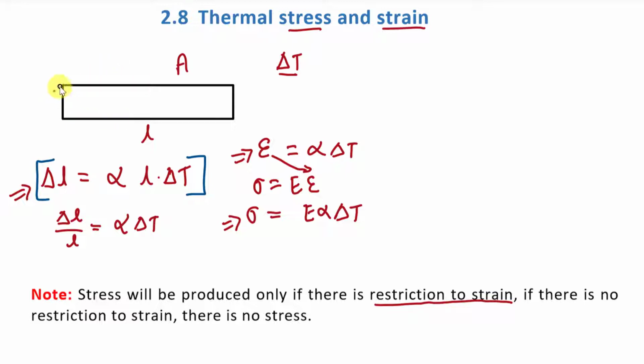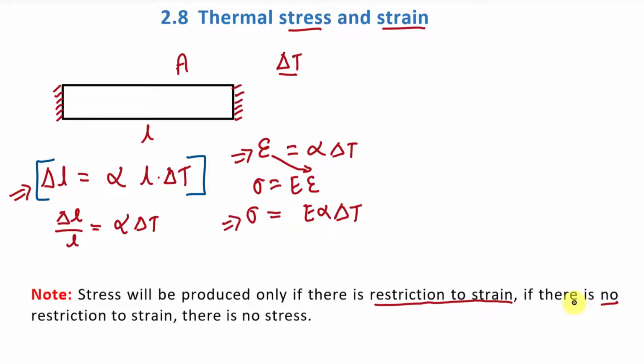means if we fix this surface of the body and this surface of the body, then actually we are restricting the change in length of this body, because now there cannot be a change in length of this body. Understand carefully that stress will be produced only if there is restriction to strain.